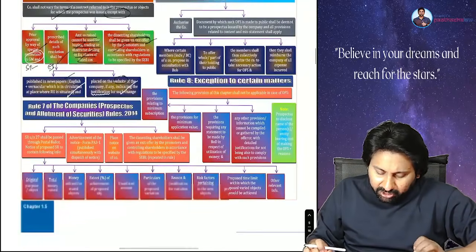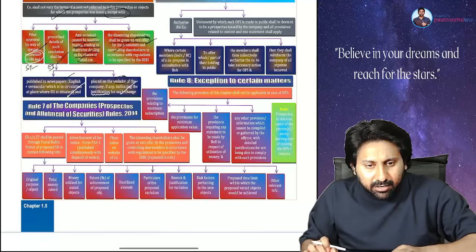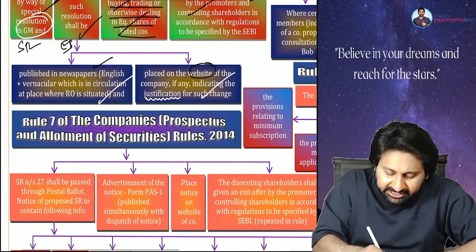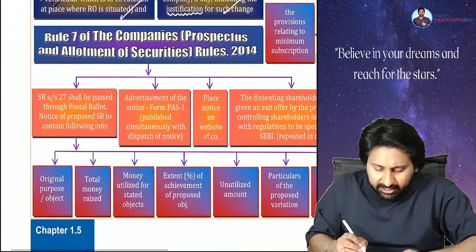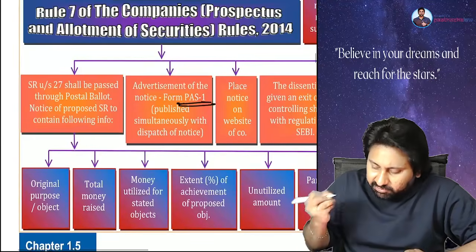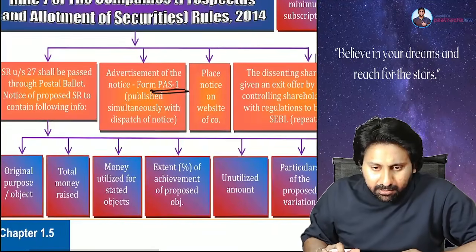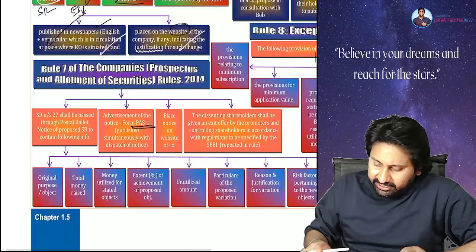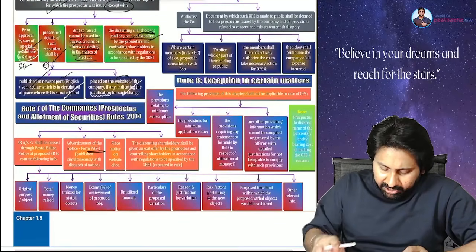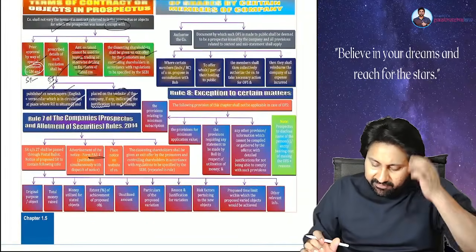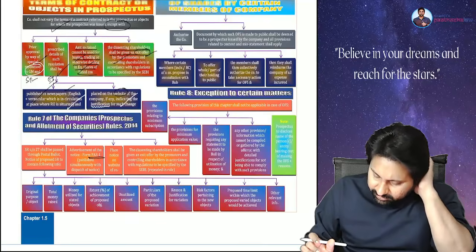Everybody answer, understood the point clearly or not? You have to give justification by advertisement in the newspaper. That should be in PAS1 form. That's it. These are all the main concepts in section number 27. Up to here, everyone understood the point clearly?